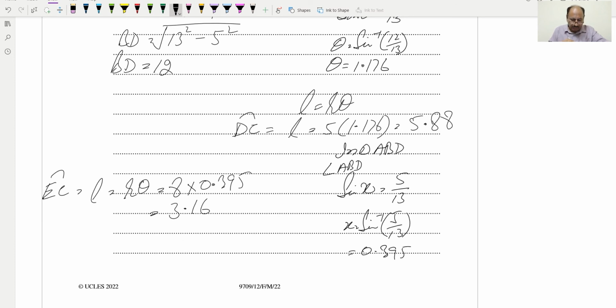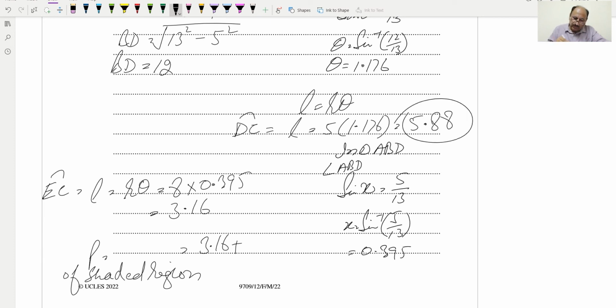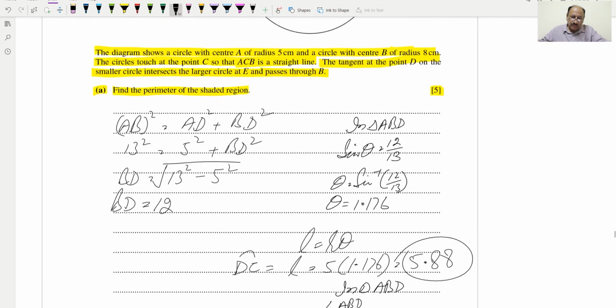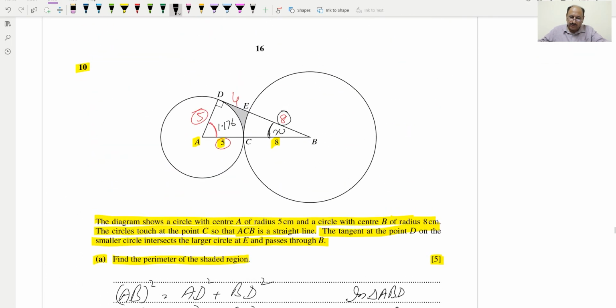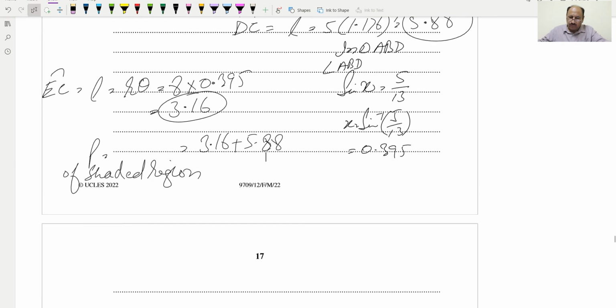Now we'll be adding for the perimeter of the shaded region, which will be equal to 3.16 plus 5.88, and the length of this one is 4, which is DE, which we found as 4.